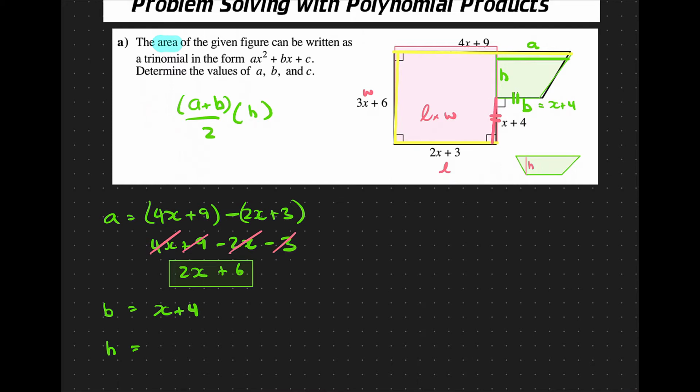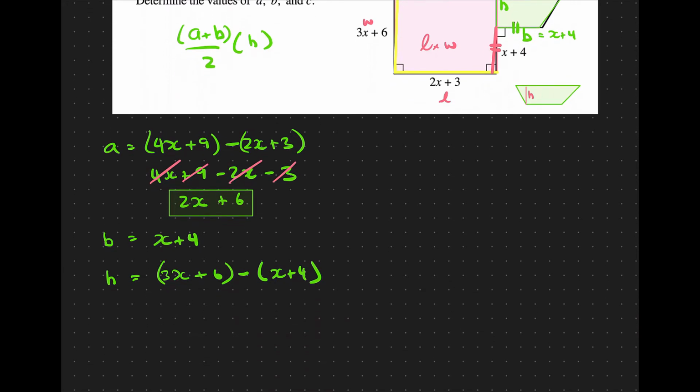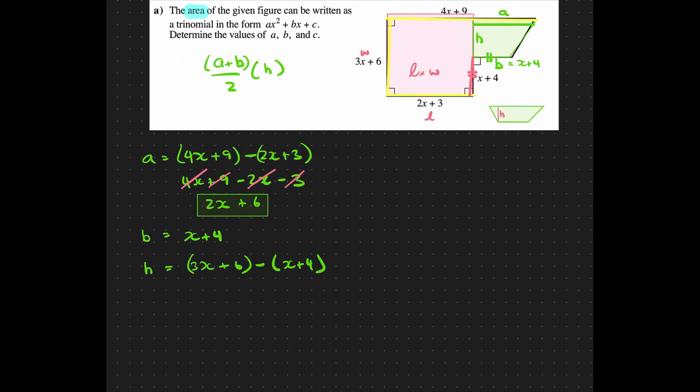Okay, so we know that to figure out the h, it's going to be 3x plus 6. Again, put that in brackets. We're going to subtract from that the x plus 4. Okay, now I'm going to do the same thing again, just rewrite it, but change the sign of everything in the second polynomial because we're subtracting.